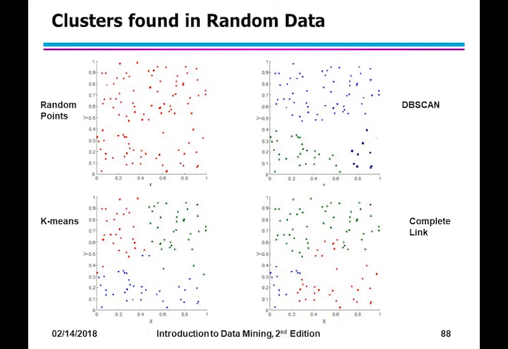K-means, complete link, dbscan 모두 클러스터 결과를 제시합니다. 사실 랜덤 포인트는 노이즈에 불과하다고 할 수 있지만 클러스터링 알고리즘은 이를 구별해내지 못합니다.